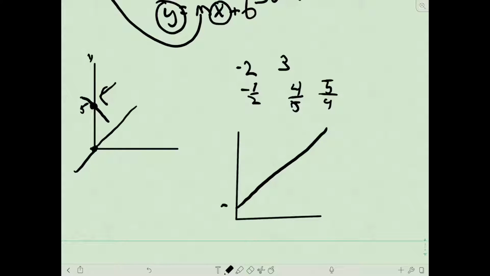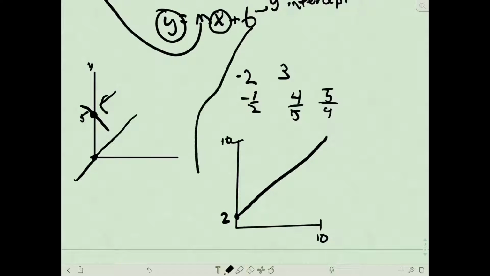Let's say that this is 2, and 10 up here, 10 over here. Okay, so right away we know that our b value is 2, because it's where it meets the y-axis, it's the y-intercept.